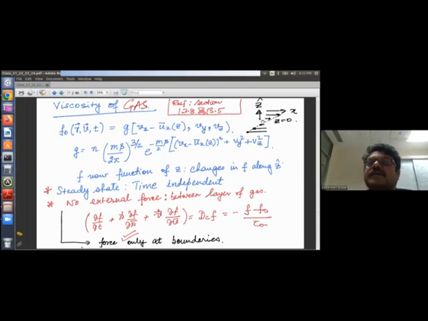But after a certain point in time, steady state will be reached such that the different layers of the fluid move at a particular z value with a constant velocity, but different layers along the z direction, of course, have different velocities, and so a constant velocity gradient is maintained.